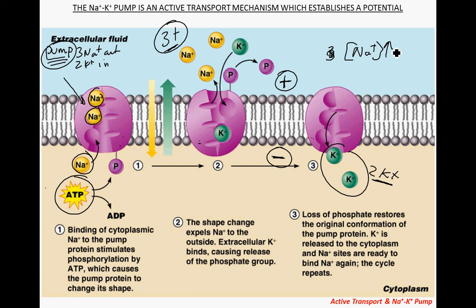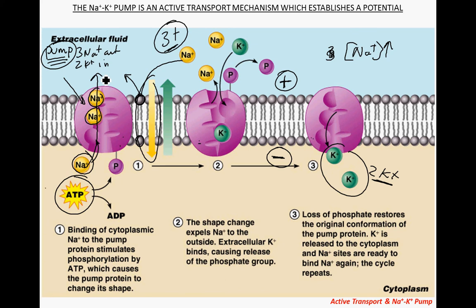So the concentration gradient for sodium favors the movement of sodium back into the cell. But of course, that doesn't happen because of this polarized membrane. These hydrophilic heads do not allow these sodium ions to diffuse back across, but this pump is pumping them across, making that gradient.